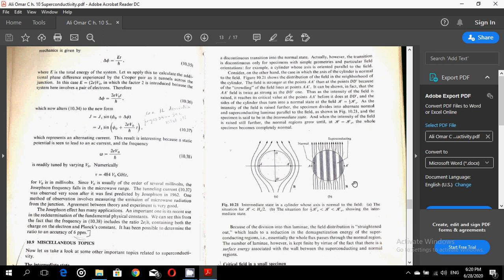So mind you that this chapter of superconductivity from Kittel is also included in your syllabus, and the topics we have covered are quite helpful in understanding that chapter, so I don't think you will have any difficulty in going through that chapter from Kittel. So that is also included in your syllabus.